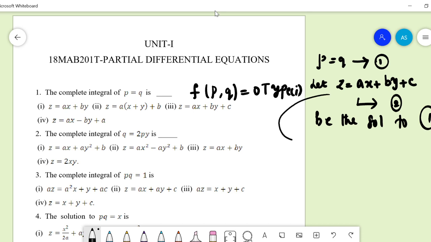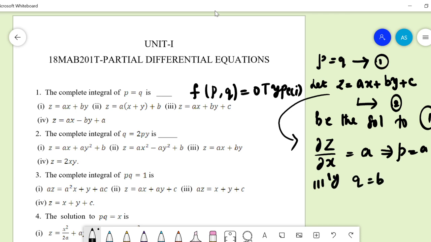Differentiate 2 with respect to x: dou z by dou x equals a, that is p equals a. Similarly, when you differentiate with respect to y, q equals b. Substitute your p and q in 1. Now your 1 becomes a equals b. So substitute a equals b in 2. 2 is z equals ax plus by.